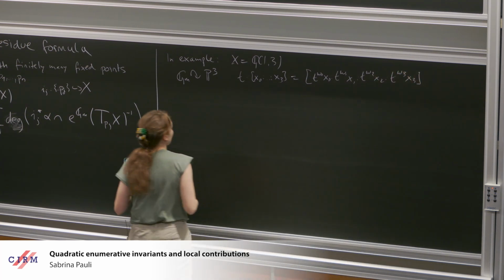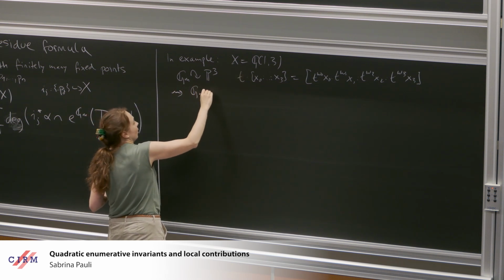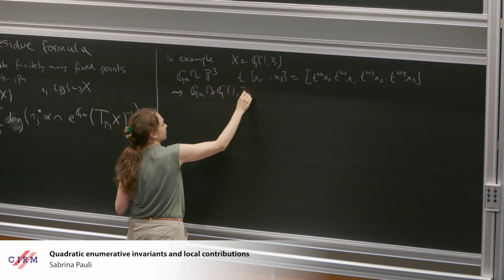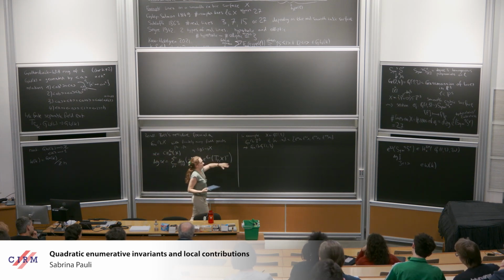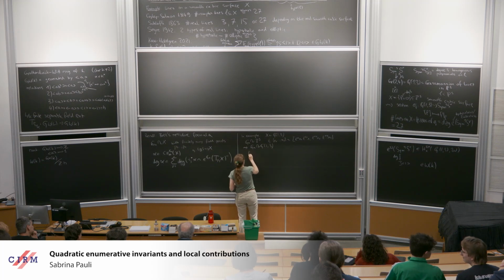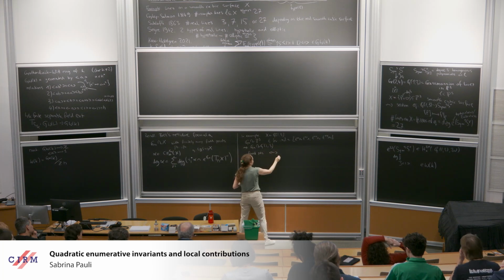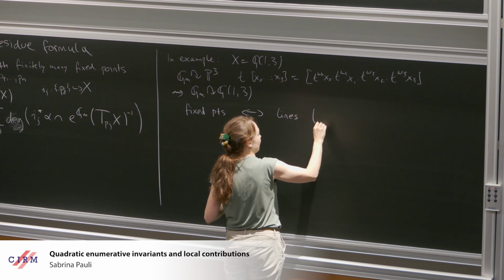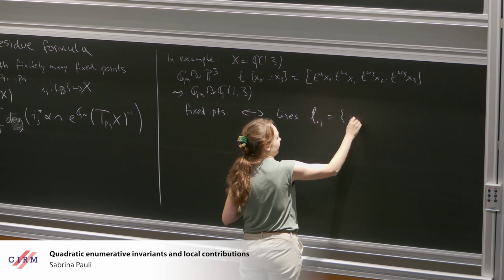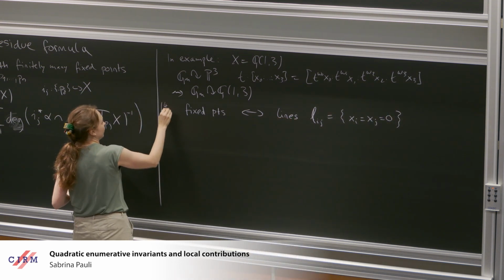Like this. And this gives me an action on P3, but then this induces an action on the Grassmannian. So now let's hope that we're in the good situation that we have finitely many fixed points, and that is actually the case. The fixed points are the points in here which correspond to the lines, let me call them L_ij, defined by the vanishing of x_i and x_j. In particular, there are 4 choose 2 of them, which is 6.